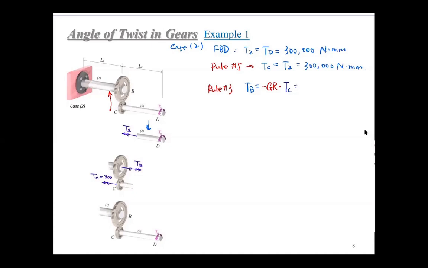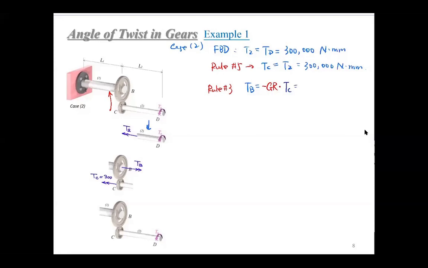Okay, so here this TB is larger. So what is the gear ratio in this case? In this equation we're showing here, TB equals negative gear ratio times TC. You said TB is larger, so is this gear ratio larger than 1 or smaller than 1?